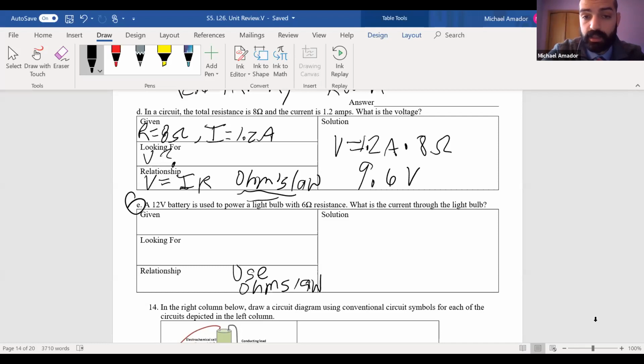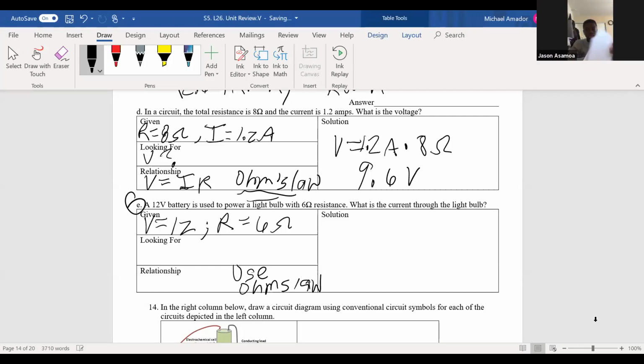Oh, that's a resistance. 6. That says 6 ohms. Carlo, come back on camera and stay there, okay? With 6 ohms resistance. Okay, so we know that voltage is equal to 12, and we know that resistance is equal to 6 ohms. 12 volts, 6 ohms.